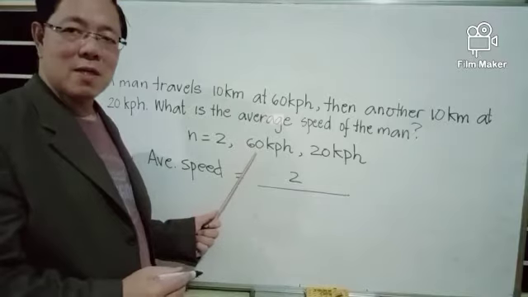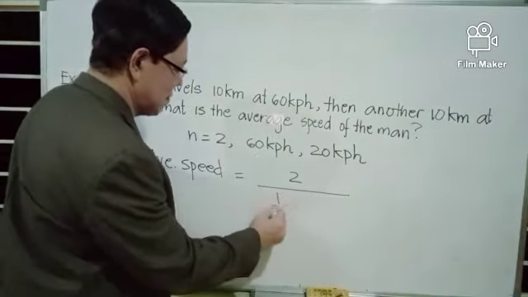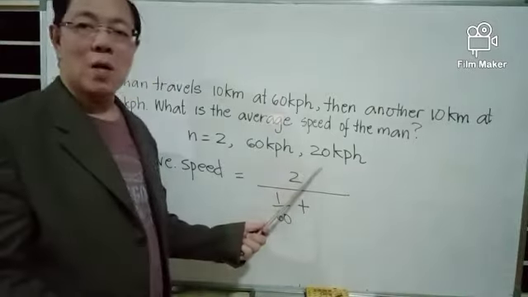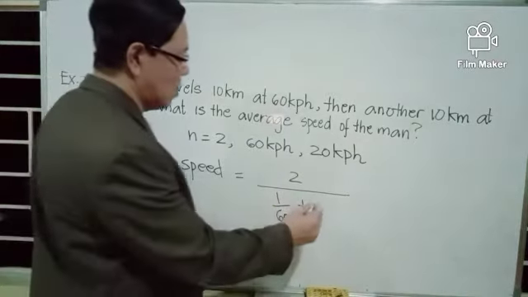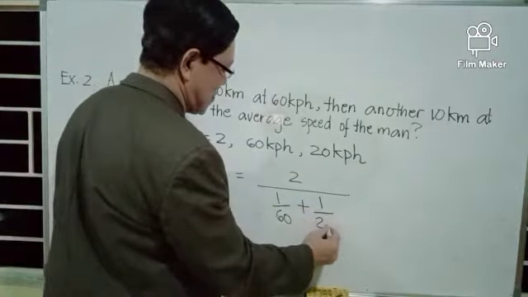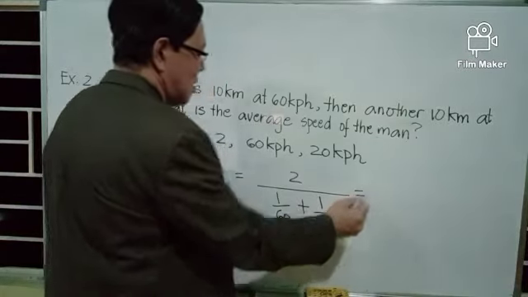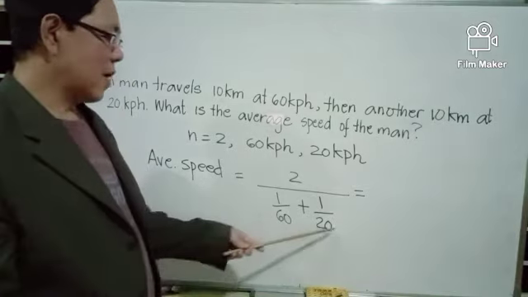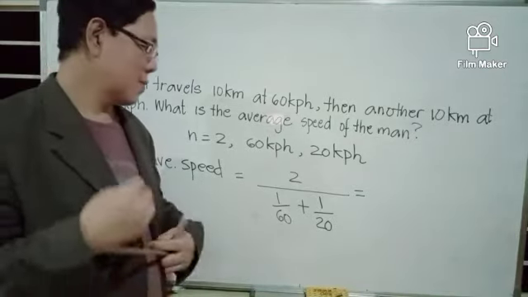Reciprocal of 60 is 1 over 60 plus the reciprocal of 20, 1 over 20. And we use the calculator to find this value.